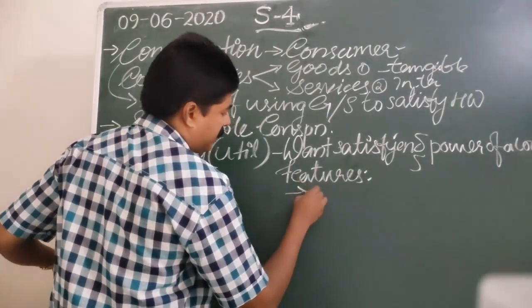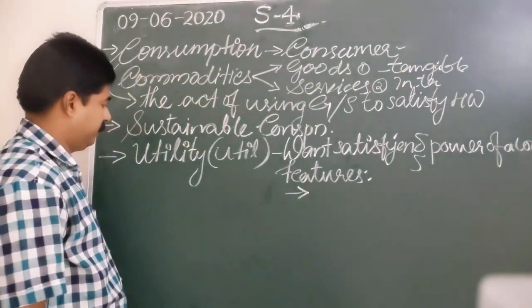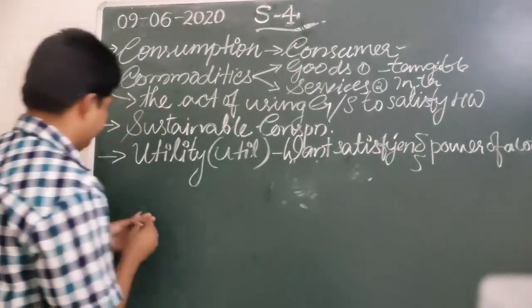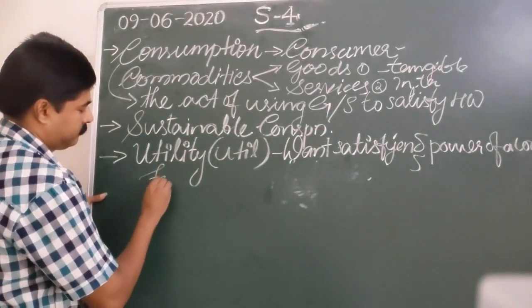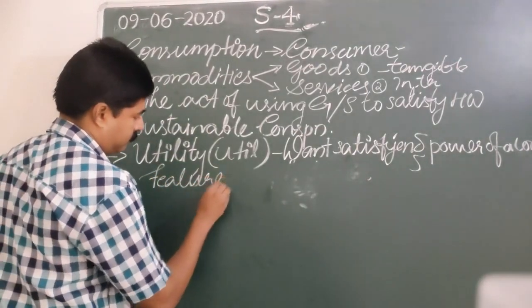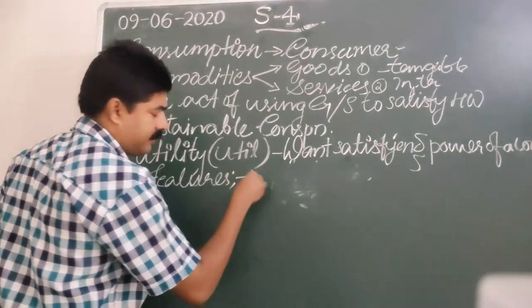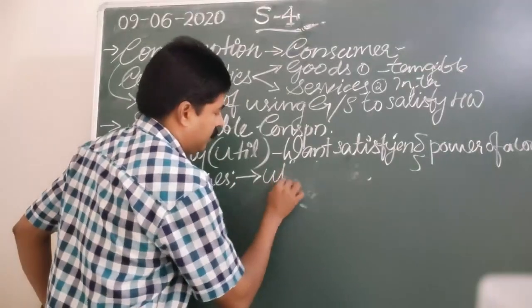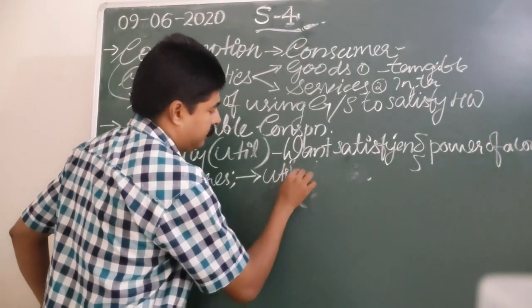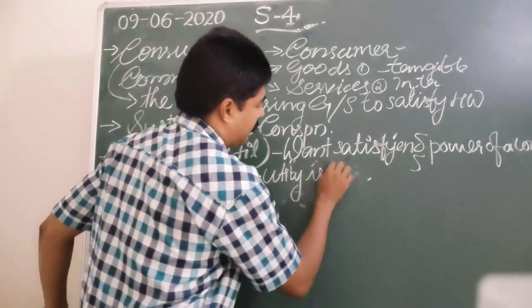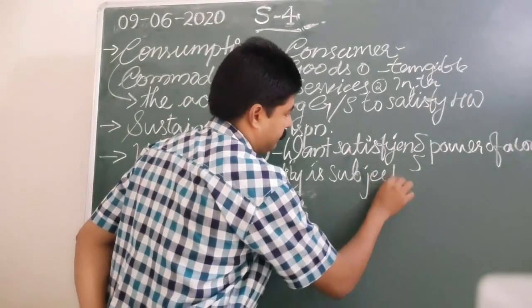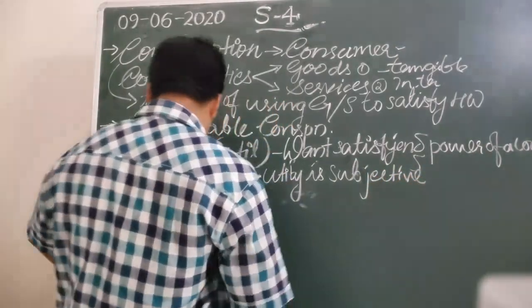The first feature is, utility is subjective. You can write utility is subjective.